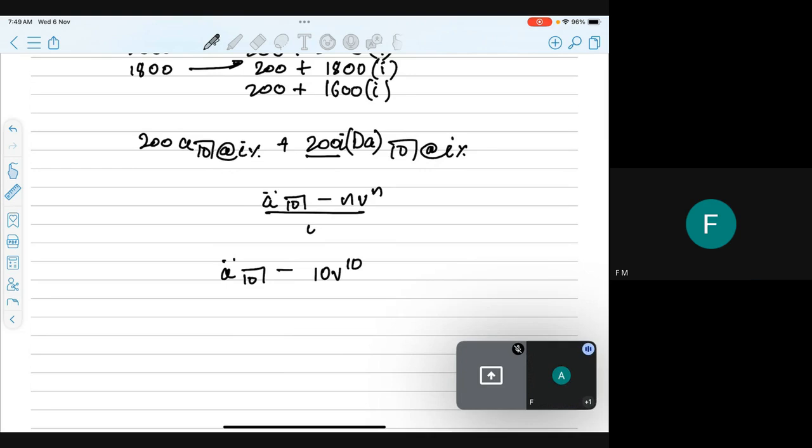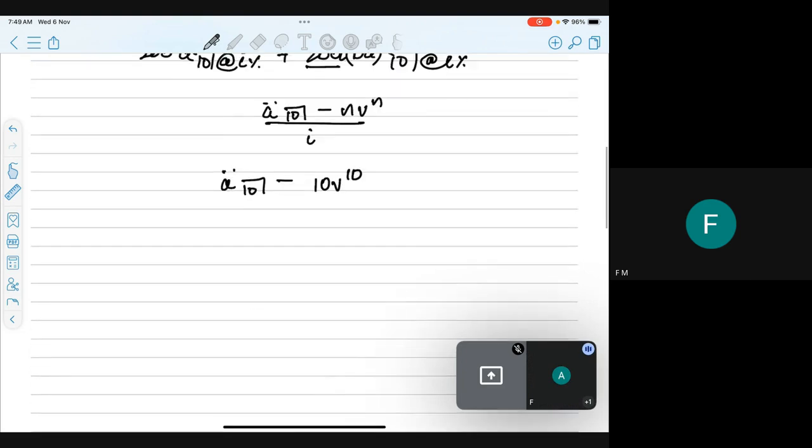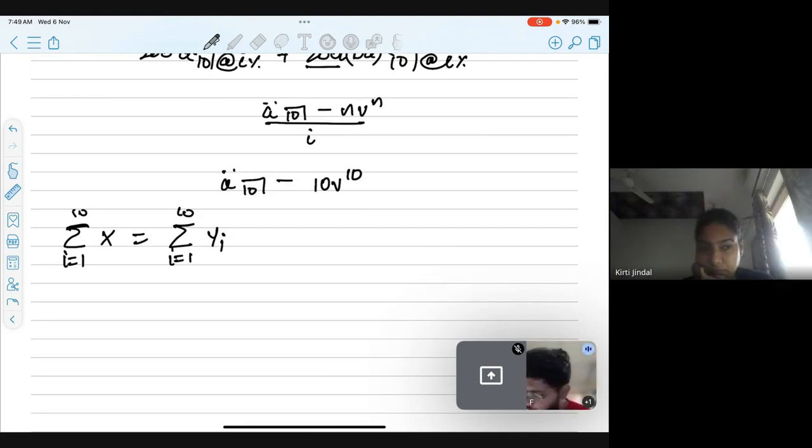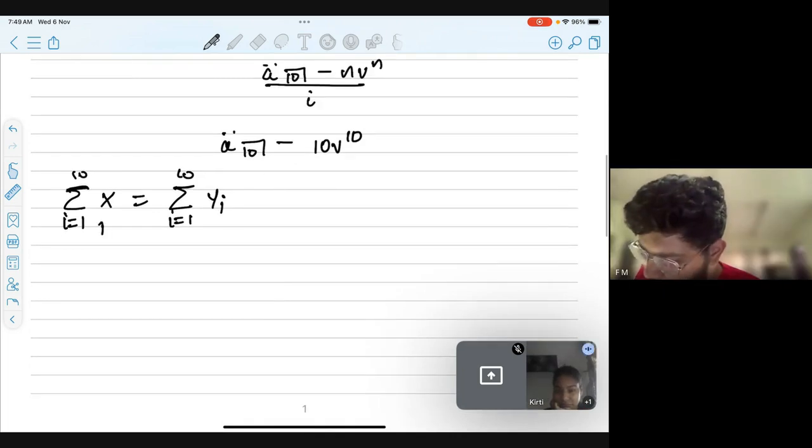So, how do you go about solving this? What they're saying is the sum of the payments. So the sum of x for i from 1 to 10 is equal to the sum of payments y_i for i equals 1 to 10. Now x we know, for you it is coming 300.05.